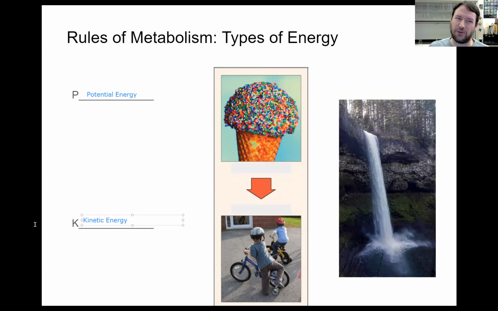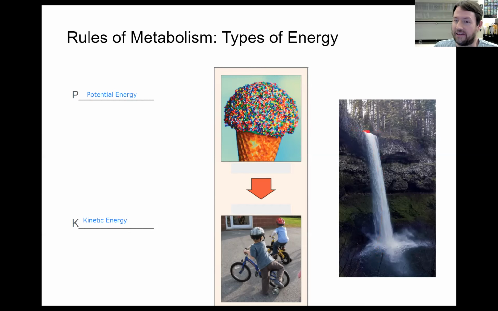Potential energy is stored energy. It is energy that is available to do work at some later time. If you think about this waterfall here on the right, the water at the top has potential energy because of where it is in relation to the center of the Earth, or the center of mass of the Earth, if we want to get really technical. By being a little bit higher up than the surrounding water, that is gravitational potential energy.